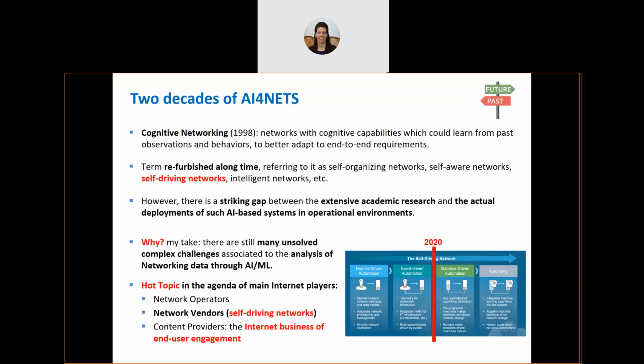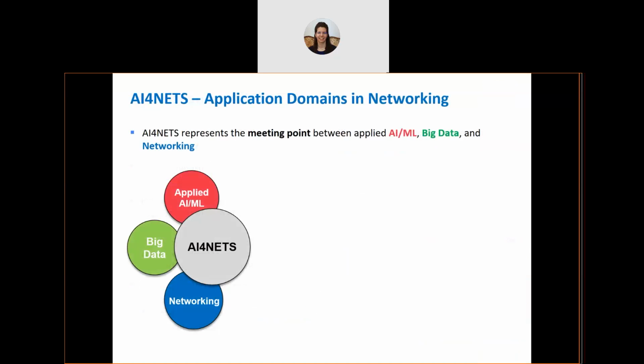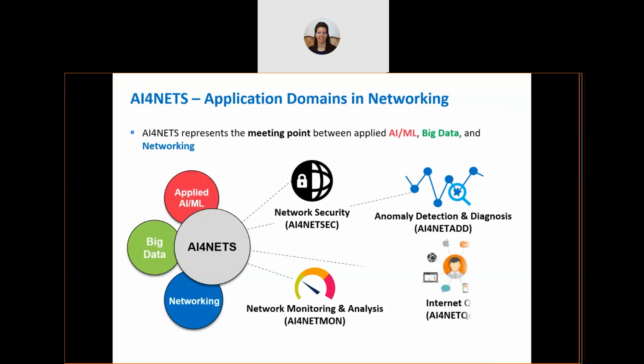But we are still very far from full autonomy, and actually there is a big plan to go into full autonomy networks in about 5 years. I don't think this is very feasible, but it shows there is a very strong interest in this. In my case, when I talk about AI4NETs, I have 4 specific domains that I work in.